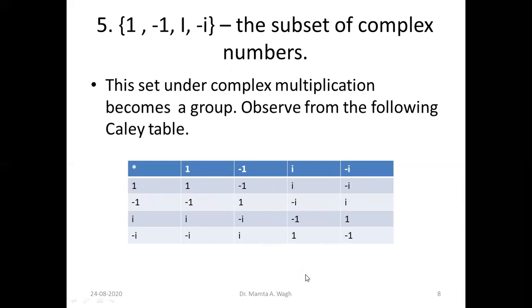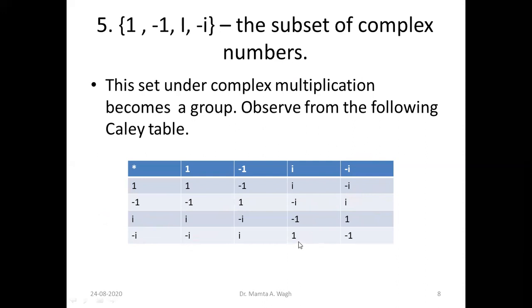And what are the inverses? For 1, 1 is the inverse because 1 into 1 is 1. For minus 1, minus 1 is the inverse because minus 1 into minus 1 is 1. For iota, minus iota is the inverse because iota into minus iota gives you 1. And for minus iota, the inverse is iota.